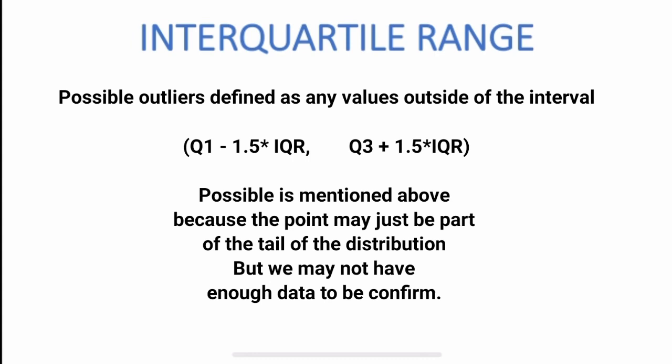As you can see on the screen, it is written why we mention possible. Possible is mentioned because the point may just be a part of the tail of the distribution, but we may not have enough data to confirm. So what are these tails? You will understand when we discuss the graphical or data visualization concept of the interquartile range.